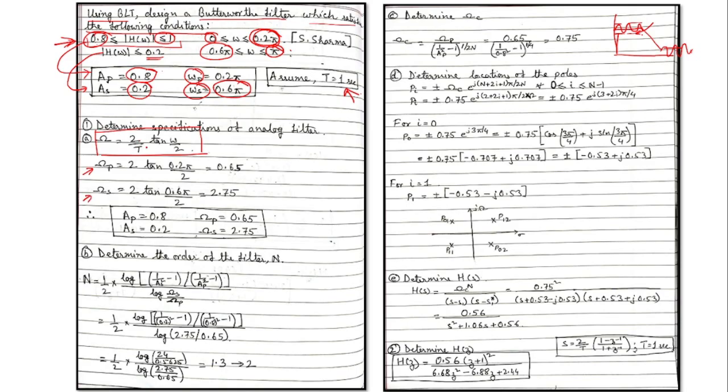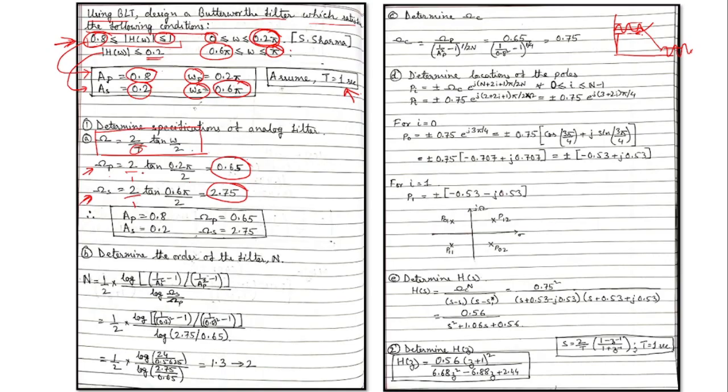Since T is equal to 1, there is no denominator. So omega p is 2 tan inverse of 0.2 pi by 2, which comes out to be 0.65. Similarly, omega s comes out to be 2.75.